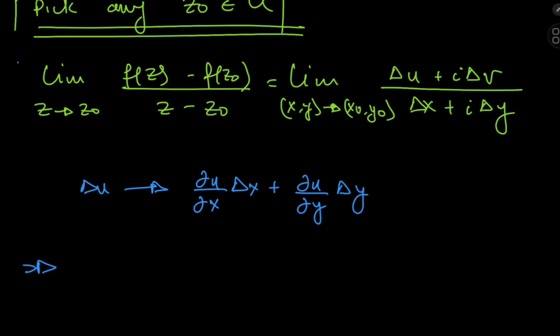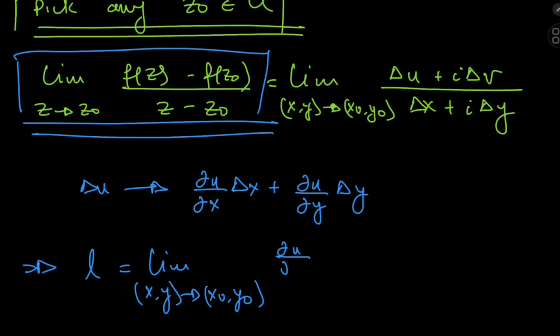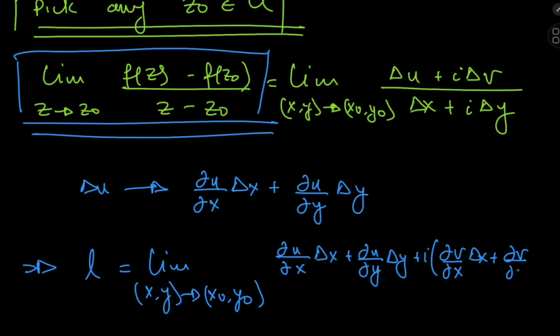So this implies that this limit, which I'm just going to call L from now, the limit of the difference quotient, equals the limit as (x, y) approaches (x naught, y naught) of partial u by partial x del x plus partial u by partial y del y plus i times partial v by partial x del x plus partial v by partial y del y, all of this being divided by del x plus i times del y.